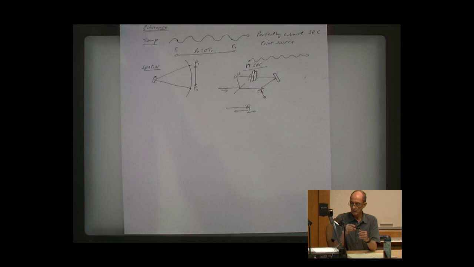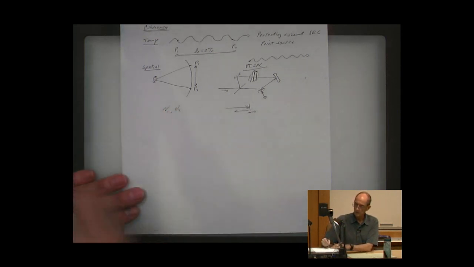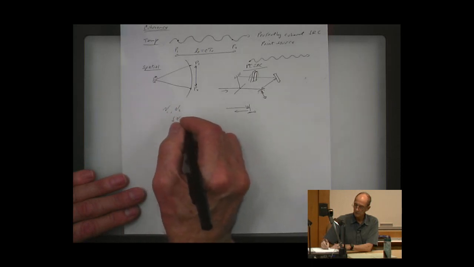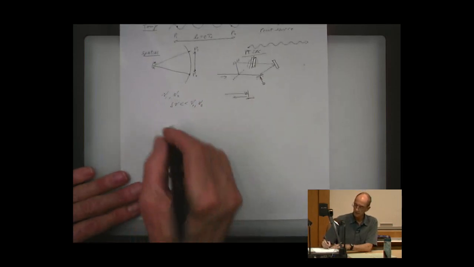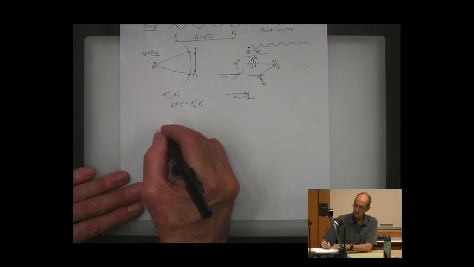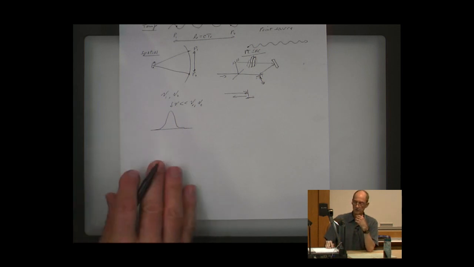One, if we had two different frequencies, nu1 and nu2, with a delta nu, which is pretty small, say less than nu1 or nu2, we saw that we had a coherence length that varied as a sinc squared function. Also, if we had a time-varying phase between our two fields that we're monitoring, that would give us a reduction in the coherence length.